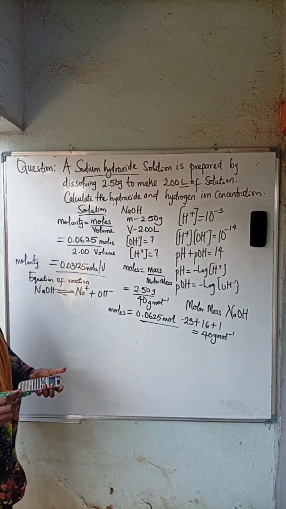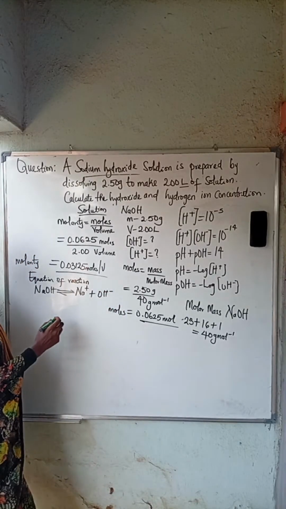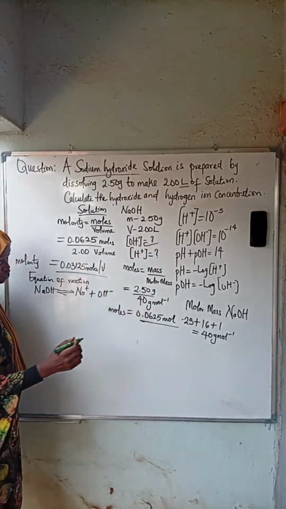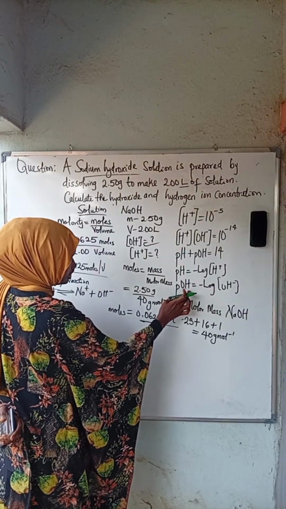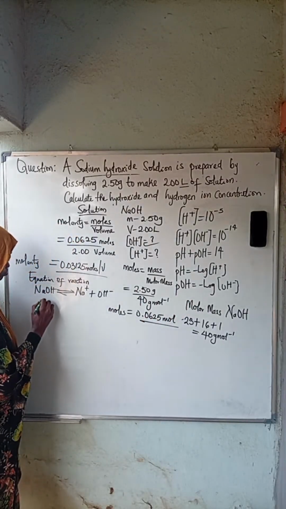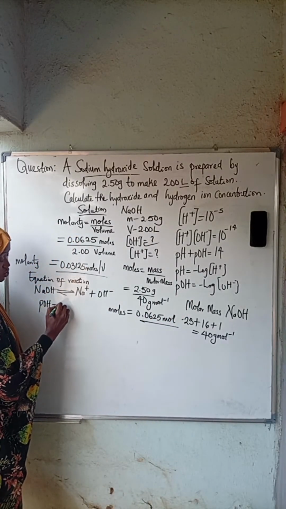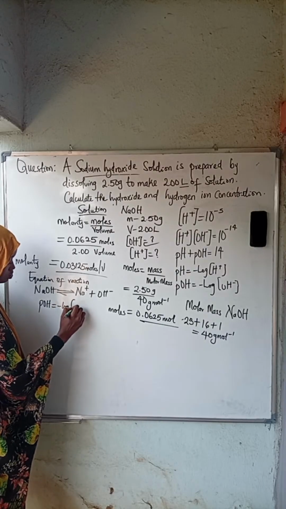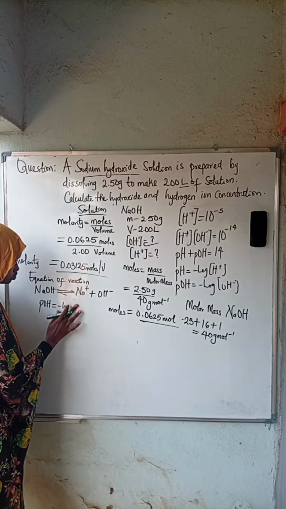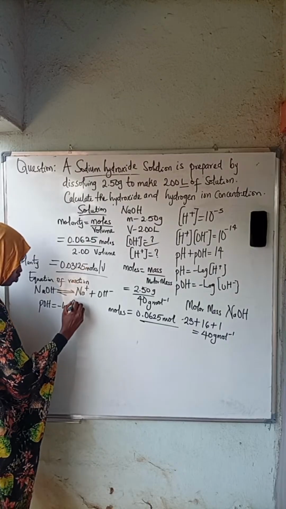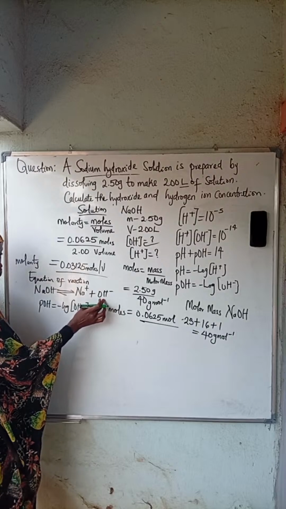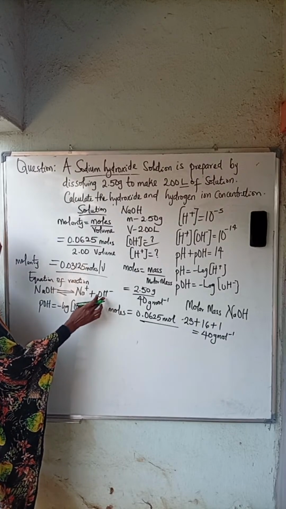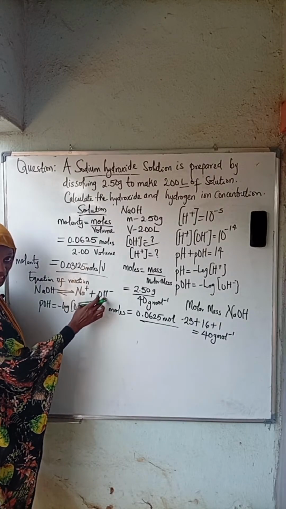So now let's calculate the hydroxide ion concentration. So we can use this last formula here, which says pOH is equal to negative log of the hydroxide ion concentration. So we can see that here we have just 1 mole of the hydroxide ion.